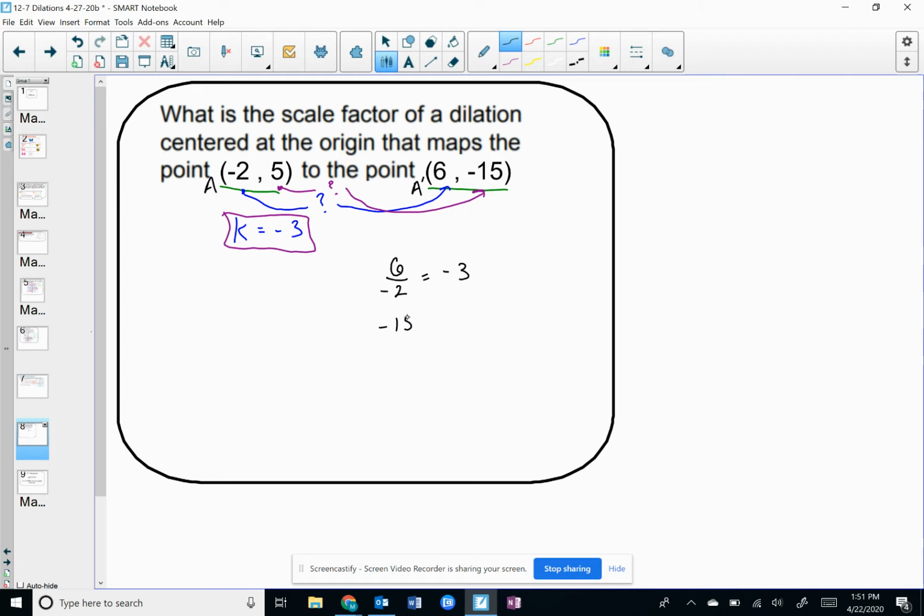The new y value, -15, divided by the original y value of 5 gave me -3. So if it's a weird number like a decimal or a fraction, that's the mathematical way to find the scale factor. You take the ending A prime values, divide them by their originals, and that will give you the scale factor. Just like when we did describing the effect on surface area or volume earlier in the year, we did new divided by original. Same idea here. Anytime you want to find an effect, you take the new divided by original, and that will give you the scale factor.